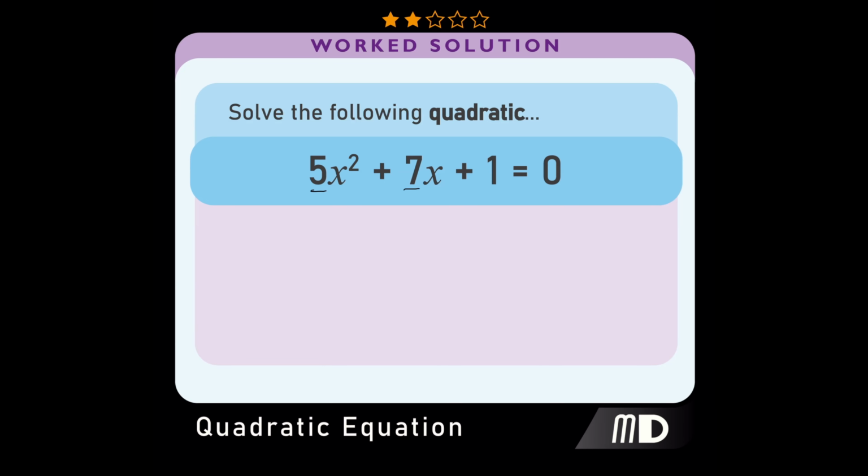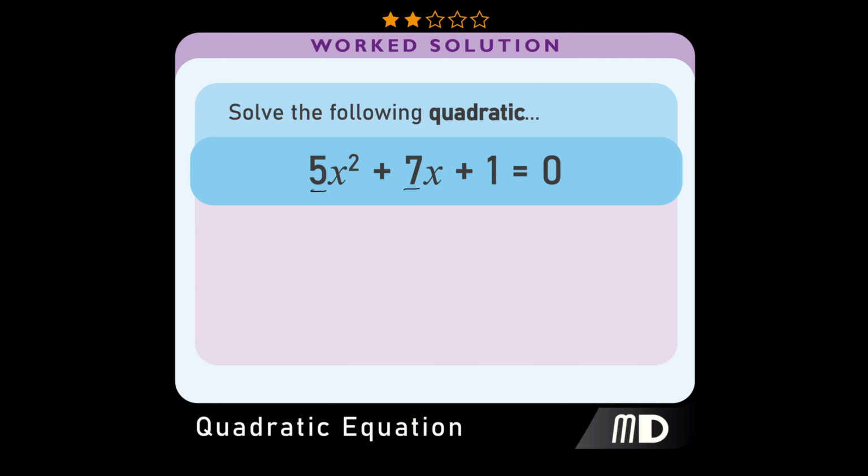Factorizing this into two brackets is impossible because 5x squared can only be factorized as 5x and x, whose sum is 6x, not 7x. The discriminant of the quadratic is 29, which is not a perfect square, and therefore doesn't factor neatly into integers. So let's use the quadratic formula instead.